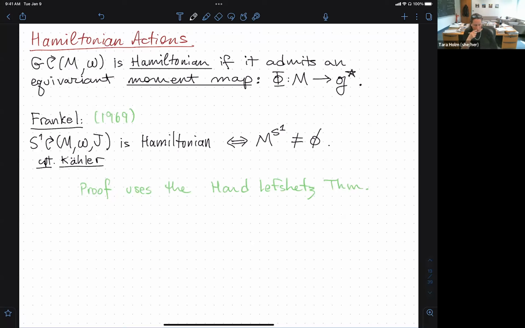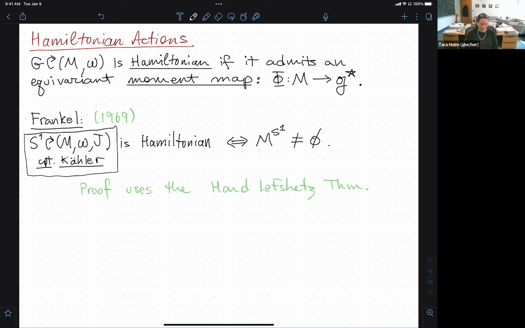The first goes back to a theorem of Ted Frankel from the 60s. He proved that if you have an action on a manifold that's not just symplectic but also has a compatible complex structure, and the action preserves that complex structure as well, so a circle action on a symplectic manifold preserving the symplectic structure and the complex structure, then this action satisfies the additional differential equation.